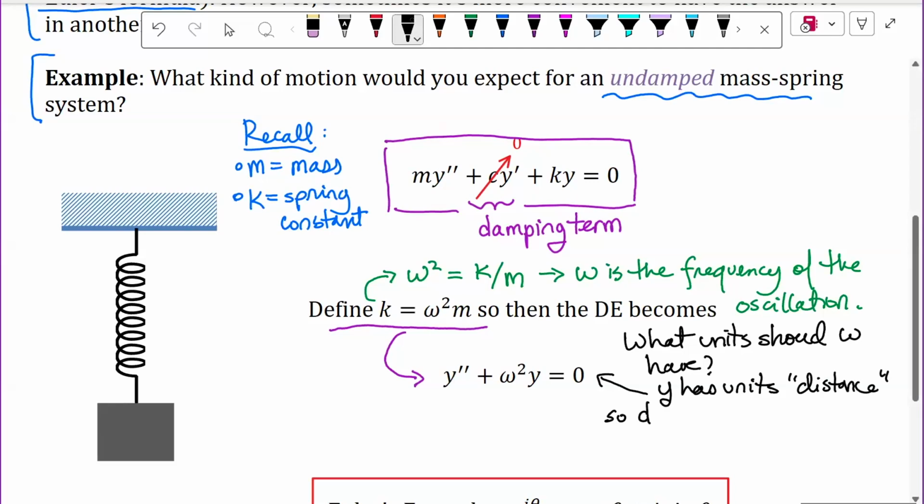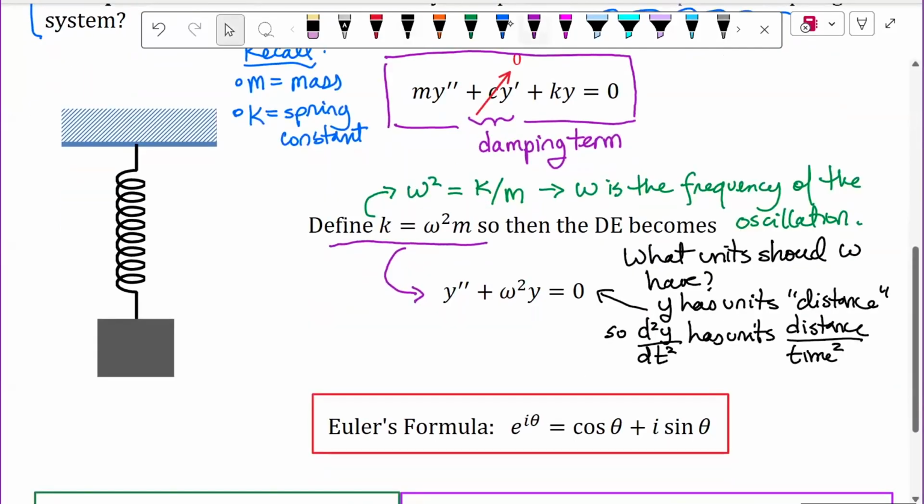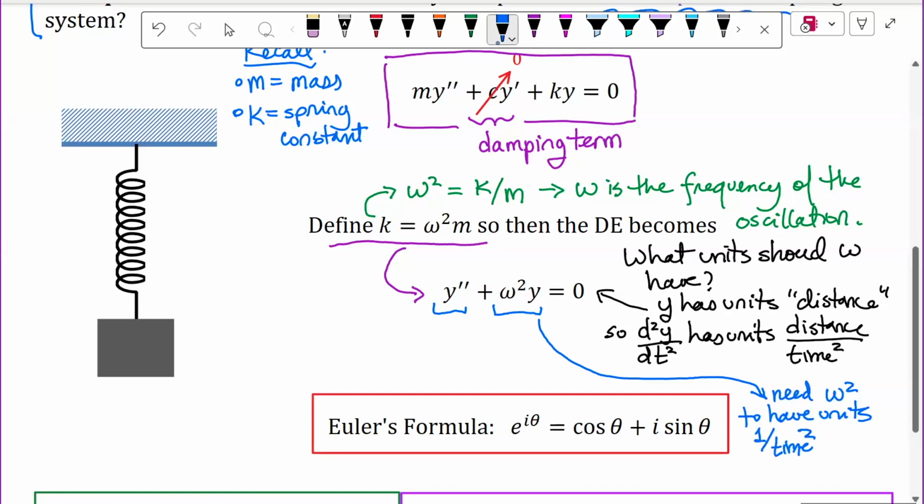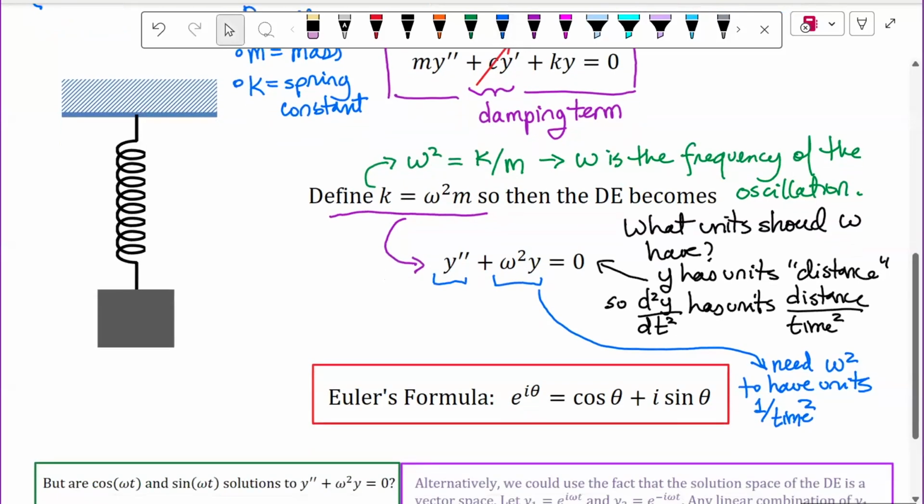So the second derivative of y has units distance over time squared. Since we need all terms in the ODE that are being summed together to share the same units, and since y has units of distance, that means we need omega squared to have units 1 over time squared. And therefore, omega has units of 1 over time.